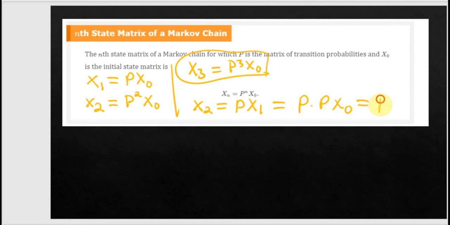So thus we get P squared times x naught. Well, we continue in this fashion until we build the case that x sub n is equal to P to the n times x naught. This chain sequence is simply called the Markov chain.